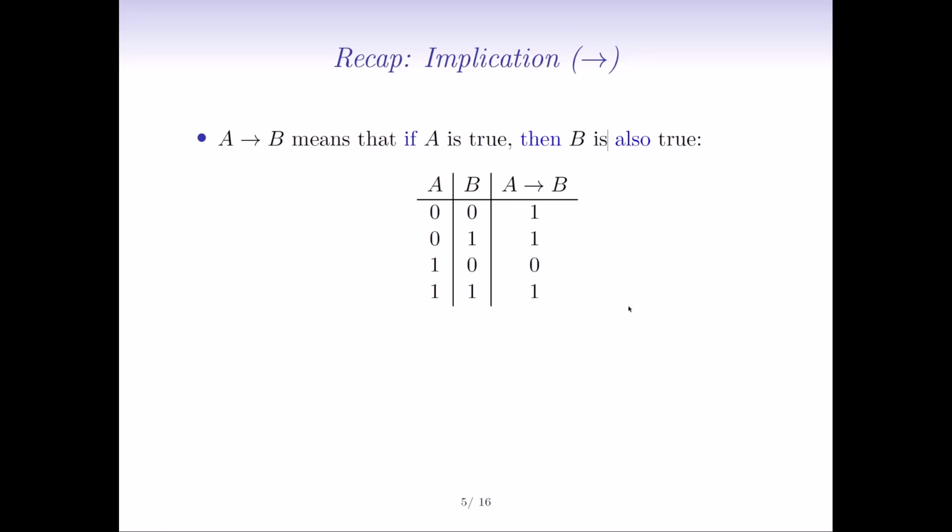So if we think about the cases when A is true, which are just these two lines down here, then in those cases, A implies B is true just when B is true. So if A is true and B is false, then A implies B is false, and if A is true and B is true, then A implies B is true.